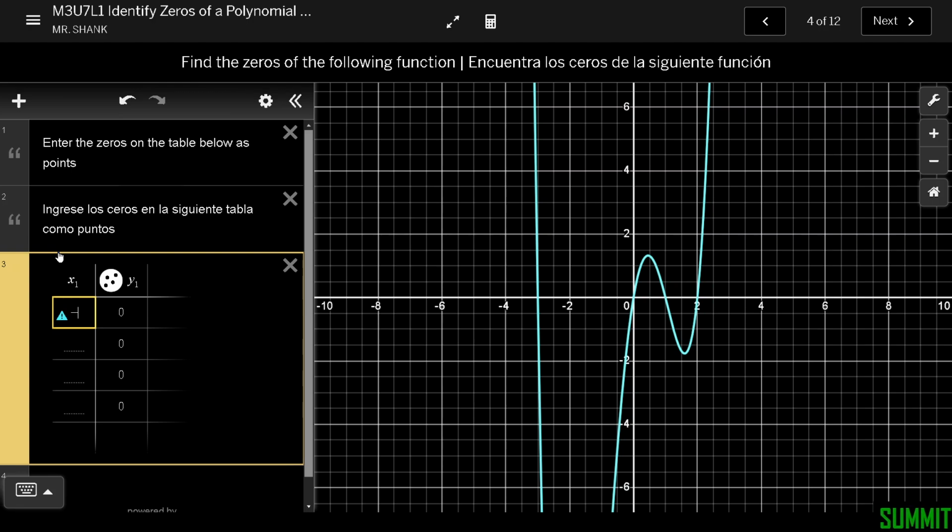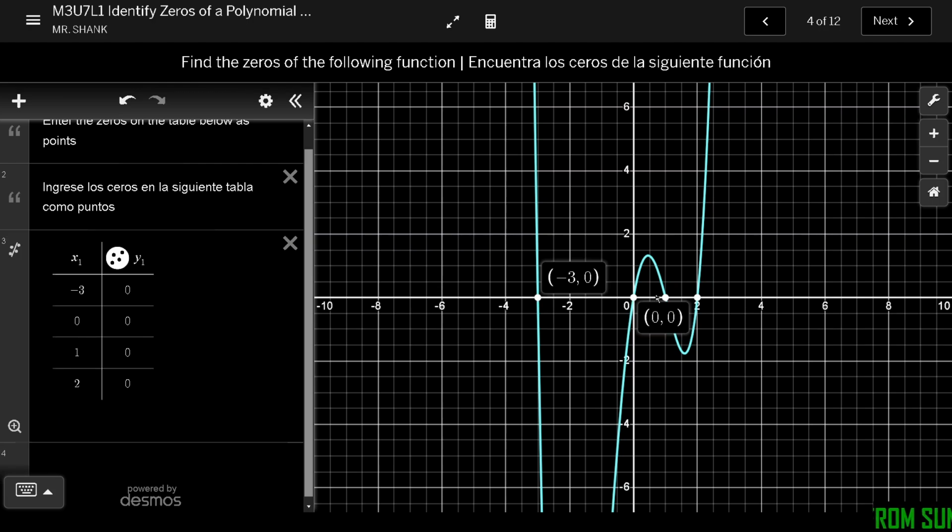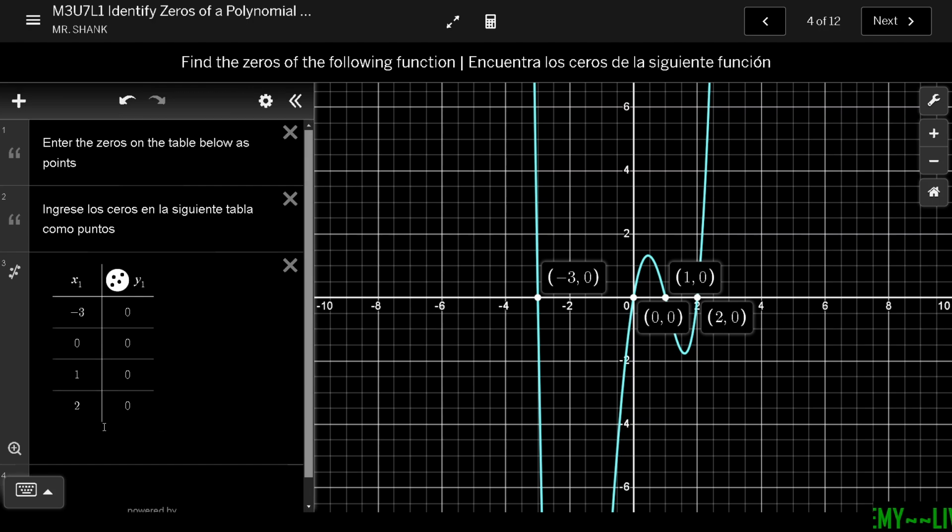So I'm going to say -3 is going to be the first one. Notice how it draws the point, and that matches up because it goes through the x-axis at that point, or at least touches the x-axis at the point. Then I have 0, 0, 1, 0, and 2, 0. So notice how for each of those points it graphs them out for you, but you can compare as well to make sure those are all the correct points. But as long as they have a y value of 0, you know you're doing good.